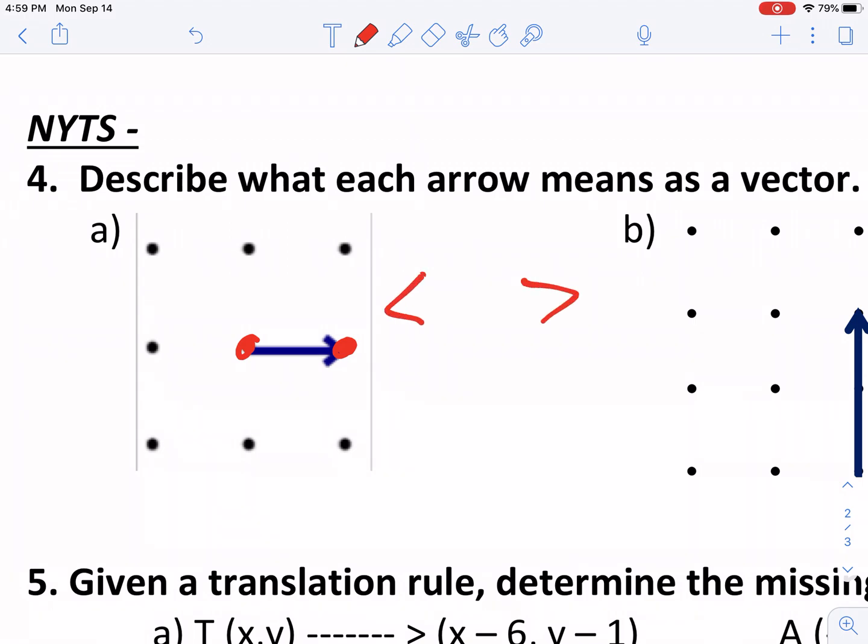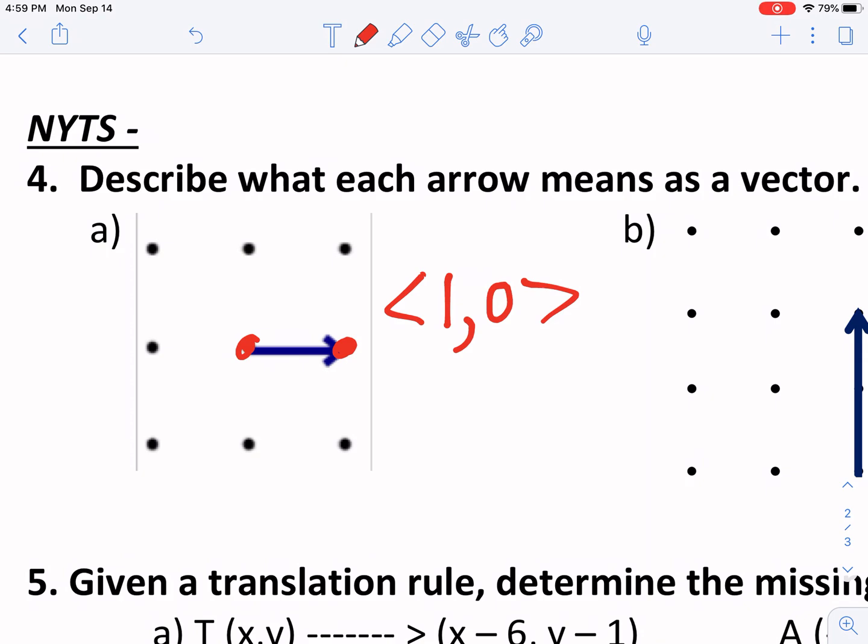Well, if there's no change in X, remember, no change in X would be 0. We didn't have to go up or down, but we did have to go to the right. So since I have to go to the right 1 unit, that's x. Remember, x is left and right. We had to go to the right 1 unit. That's a positive 1. However, there was no change in y. We didn't have to go up and down, so that would be 0. Okay, so let's see, double check to make sure this makes sense.